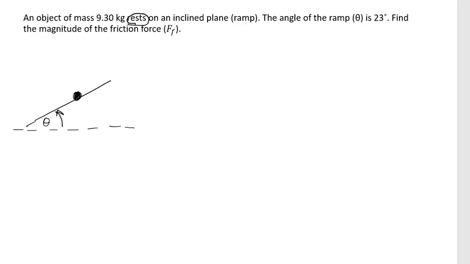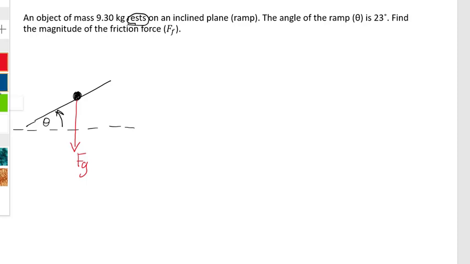So there's always the weight, Fg, which is always straight down. So no matter what the orientation of the object, the weight is always directly down. So there's our weight. We also have a normal force because this object is at rest on a surface.